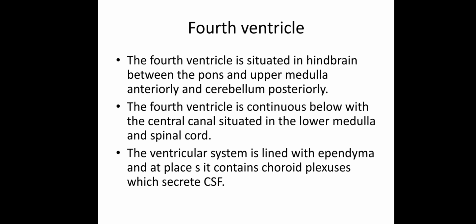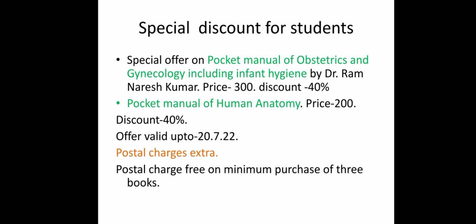So number one is the definition of the ventricular system. Three ventricles form a system called the ventricular system in the brain. It is lined by ependymal cells which contain choroid plexus, which is present in the ventricular system and secretes cerebrospinal fluid. So this is a short introduction to the ventricular system of the human brain.